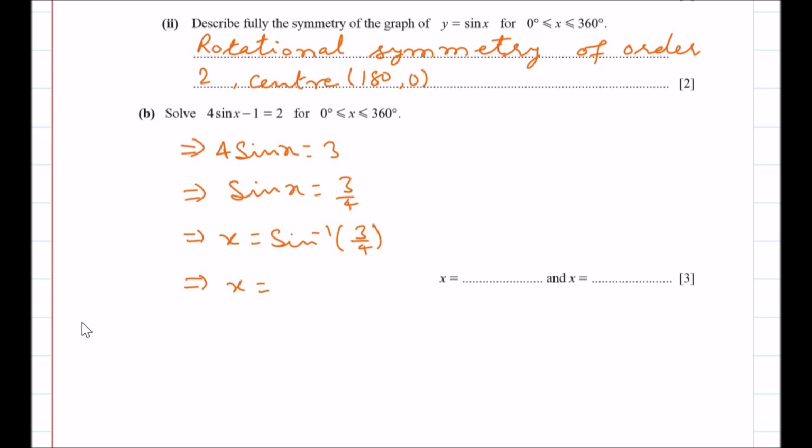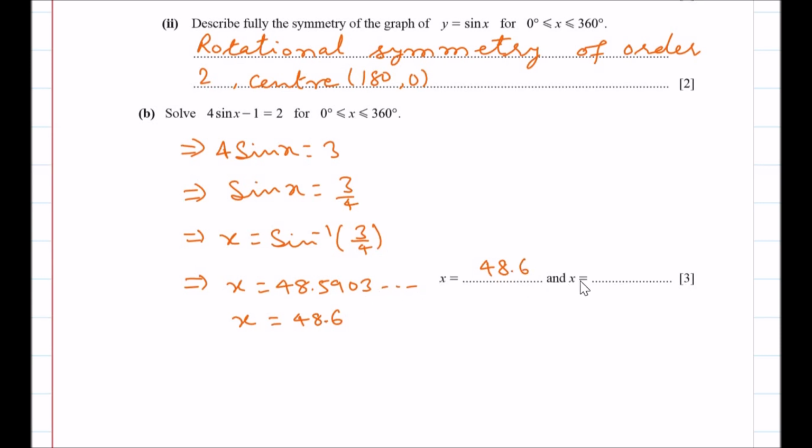If you put it in the calculator it gives us 48.5903 and so on. Okay, so in 1 dp this answer is 48.6. Angle answers we must write in 1 dp. This is the instruction given on the front page of the paper. Okay, so 48.6 is your first answer.